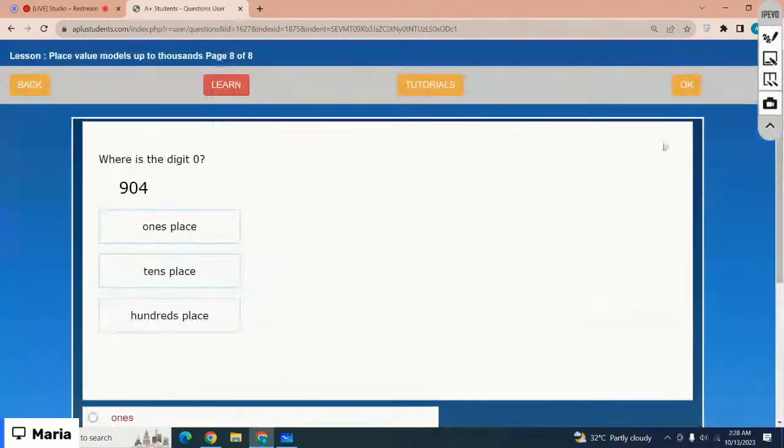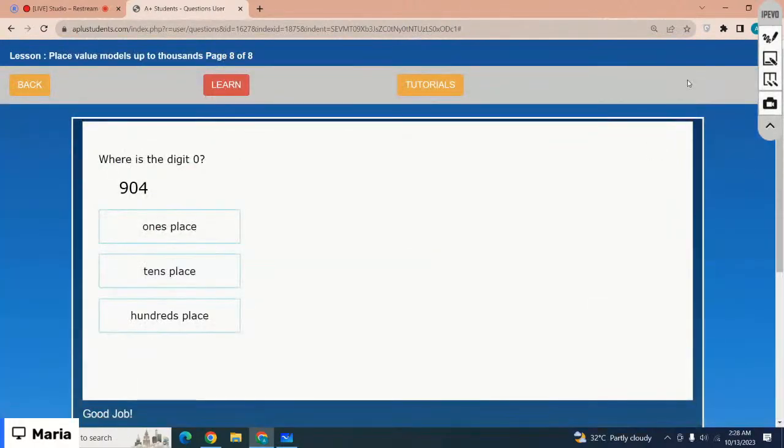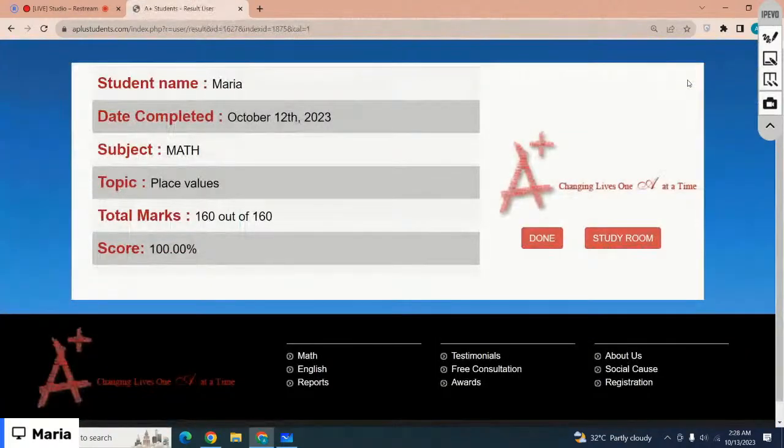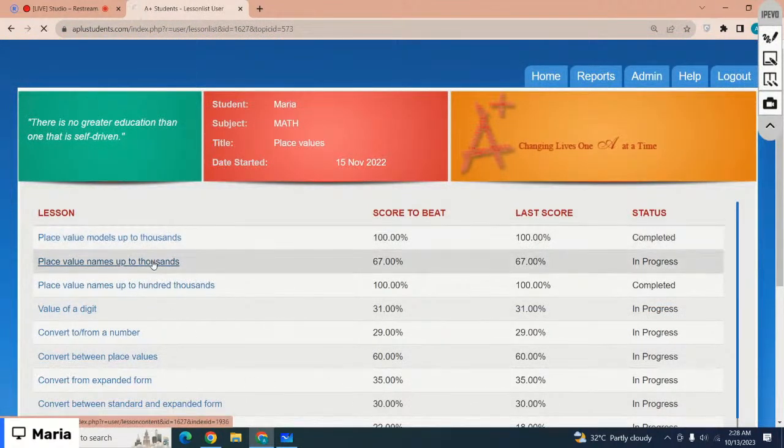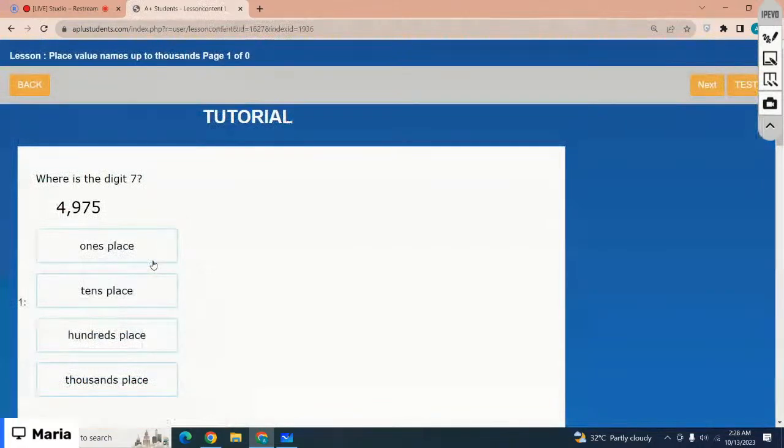Okay, we are done with the lesson. Let's just start with the next lesson. The next lesson is place value names up to thousands, right? You already know these names because I think you have done place values in grade 2. Where is the digit 7? Which is the correct option?